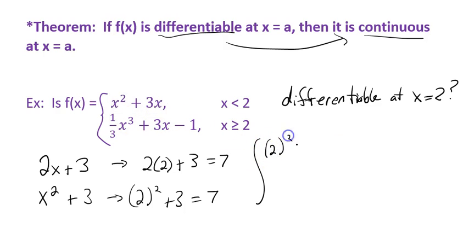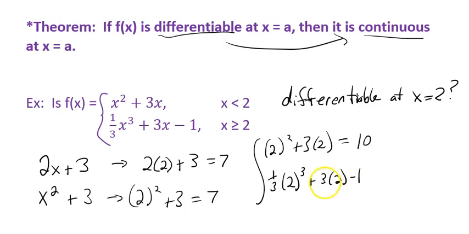So 2 squared plus 3 times 2 would be 4 plus 6, which is 10, and then 1/3 times 2 cubed plus 3 times 2 minus 1 will be 5 plus 8/3. And that's obviously not 10.